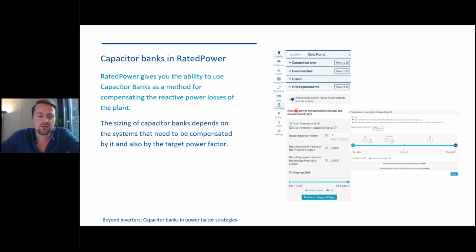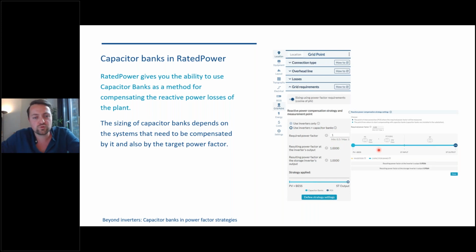You can see here in the grid point section, in the grid requirements tab, if it's enabled, so if we enable the sizing of the plant using power factor requirements, we can choose between different strategies: inverters only, inverters and capacitor banks, a hybrid version, or only capacitor banks. We can set the required power factor and define the strategies.